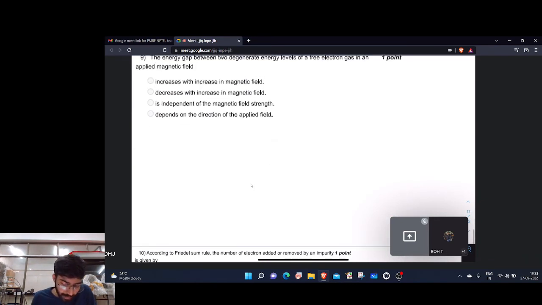Now question number 9 says the energy gap between two degenerate energy levels of a free electron gas in an applied magnetic field. Now let's say we were in the situation when all the states of the system were occupied, and this axis is energy axis, and let me just consider the DOS.